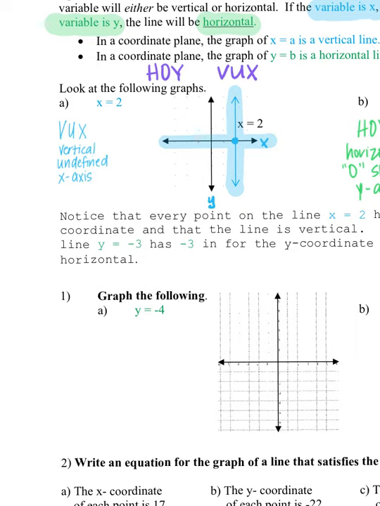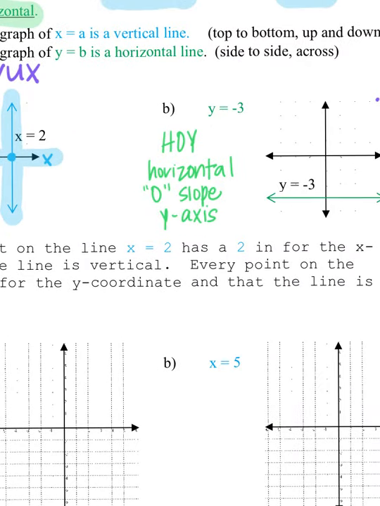One of the ways to remember this is using HOY VUX. I don't know if you have used HOY VUX before, but it's just a different way to remember. HOY is horizontal with a 0 slope on the y-axis.